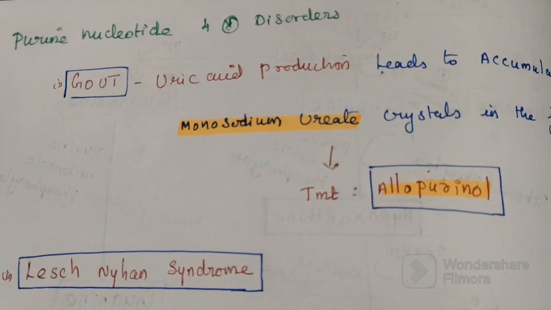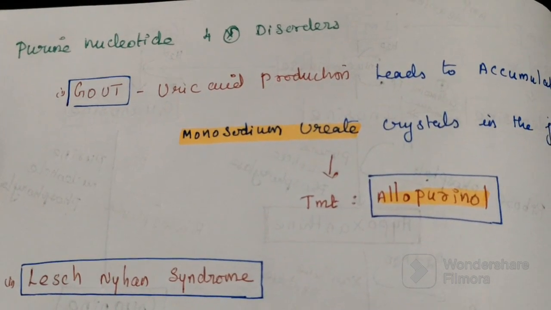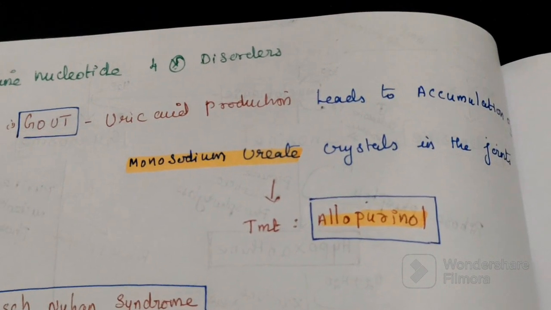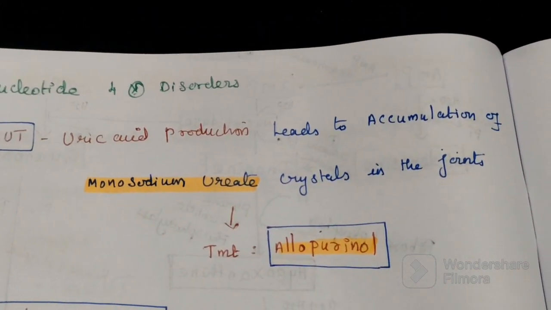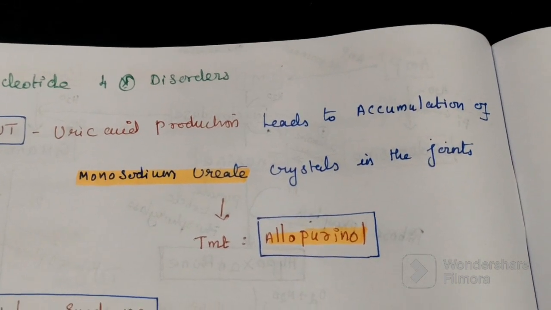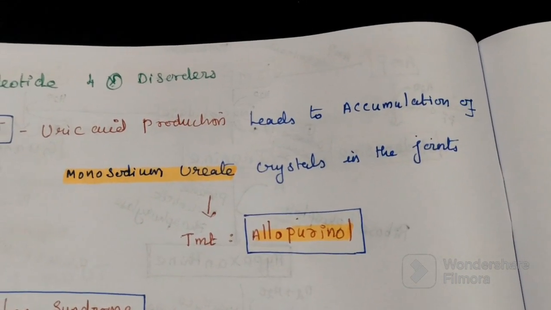First one is gout, in which uric acid production leads to the accumulation of monosodium urate crystals in the joints.